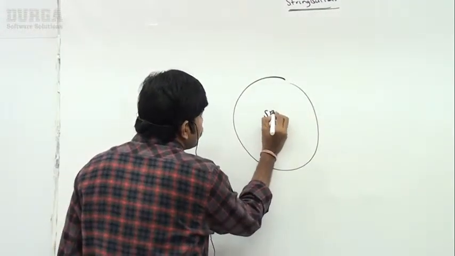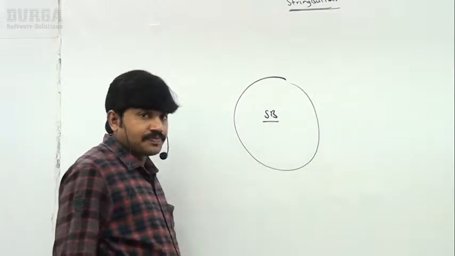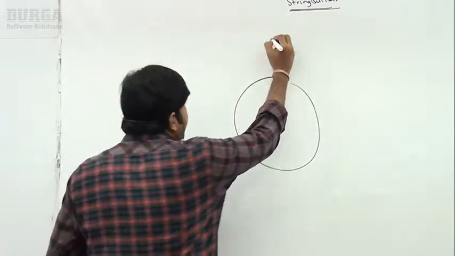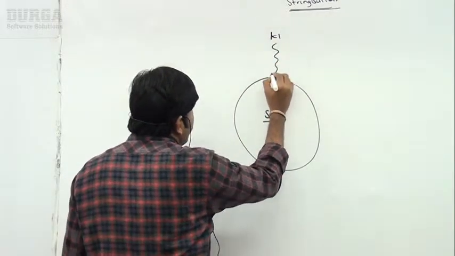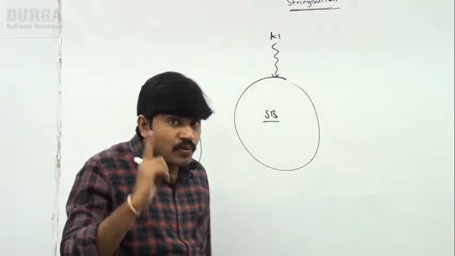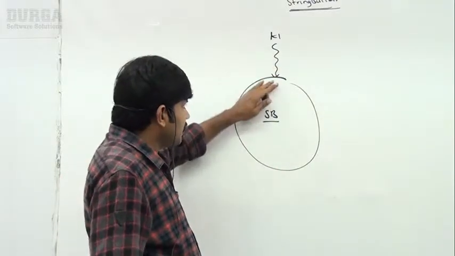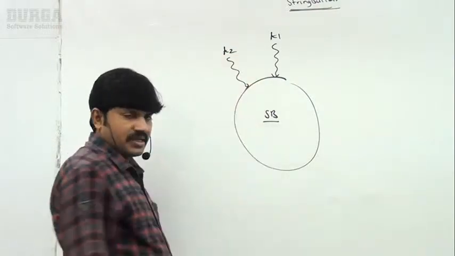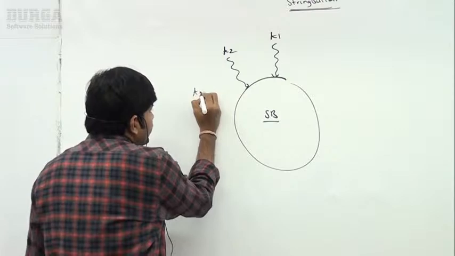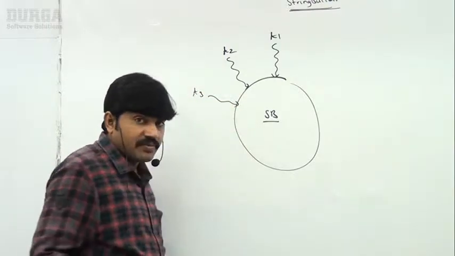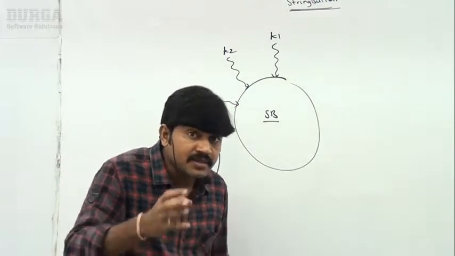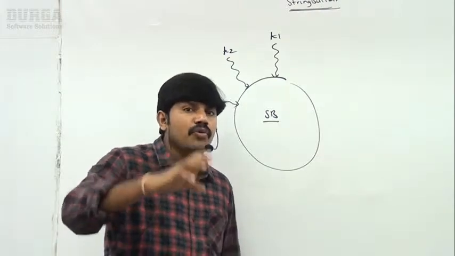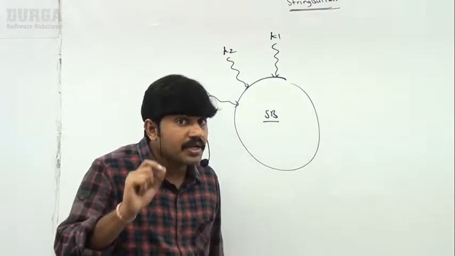So on the StringBuffer object, at a time, only one thread is allowed to operate. Once the first thread is completed, then only the second thread gets the chance. Once the second thread is completed, then only the third thread will get the chance. The threads are required to execute one by one.